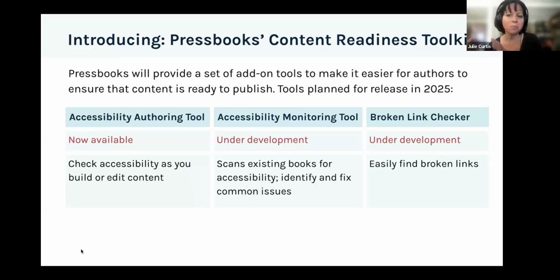In doing something similar, Broken Link Checker is something that we've built internally. It's not something we could simply embed an existing tool for. With that, we're also looking at how to make these tools available, affordable, and sustainable for our customer base. So we decided that the right thing to do would be to have them be add-on tools, so that if people find value in them, we are looking at very affordable pricing.